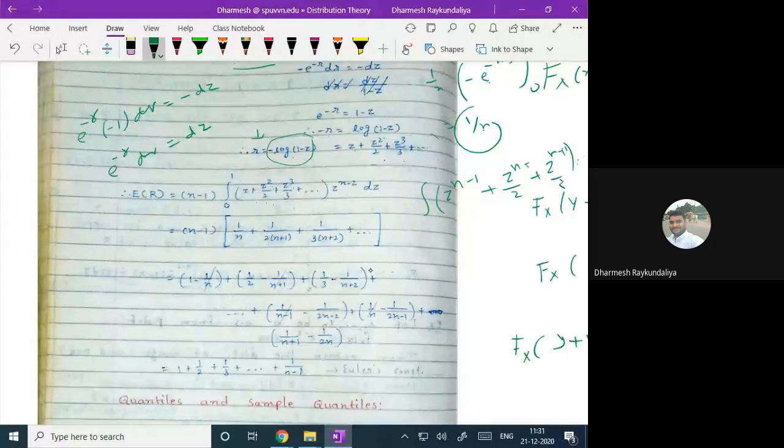So the integration with respect to z, if you do it, what you will get is z raised to n minus 1 plus 1 upon n.